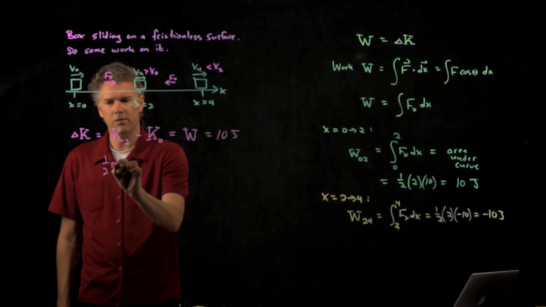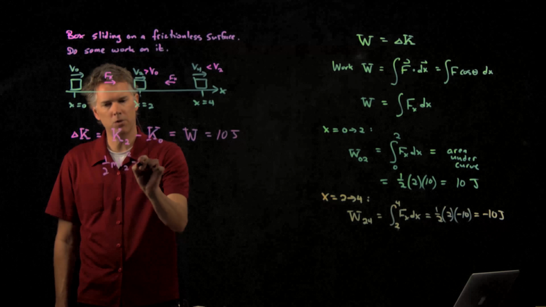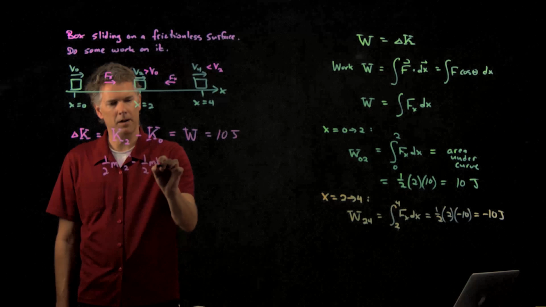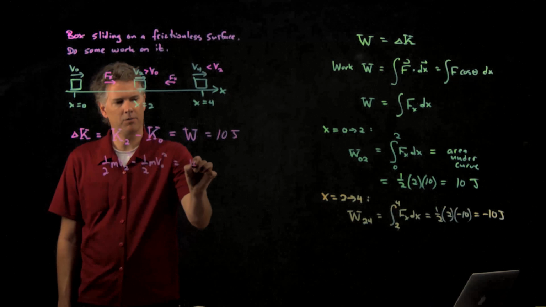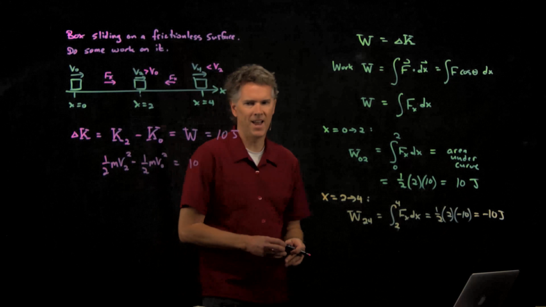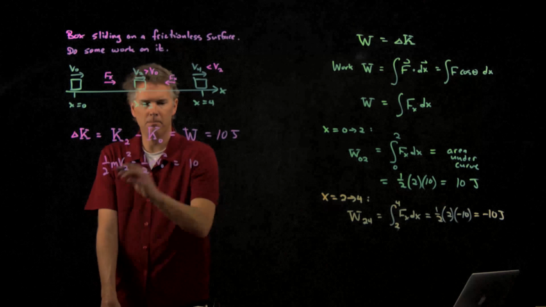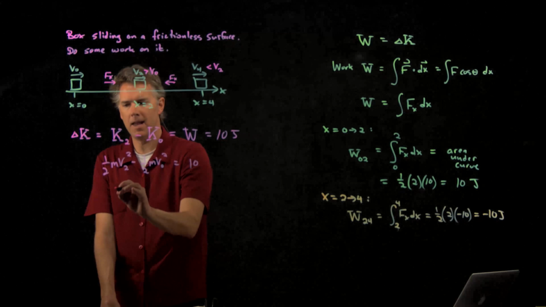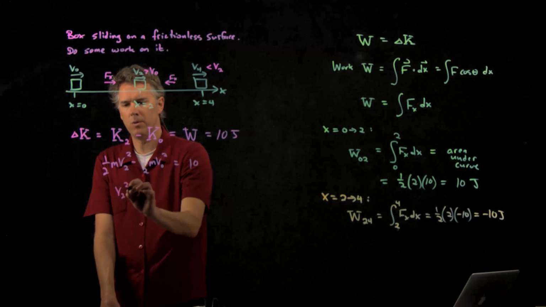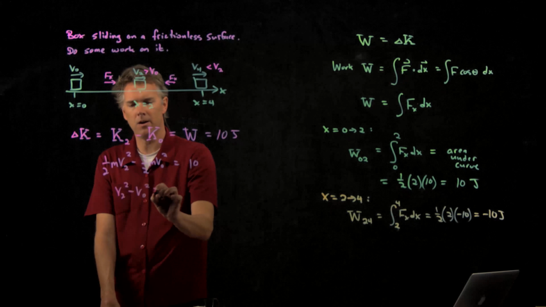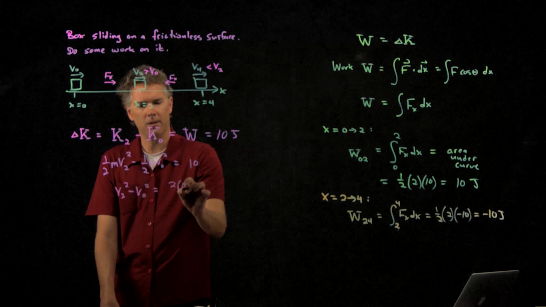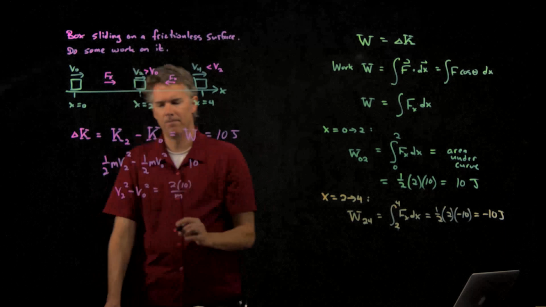This is 1/2 m v2 squared minus 1/2 m v0 squared, and that's going to equal 10 joules. Now we can solve this for v2, right? Multiply everything by 2, divide by m. I get v2 squared minus v0 squared equals 2 times 10 over m.